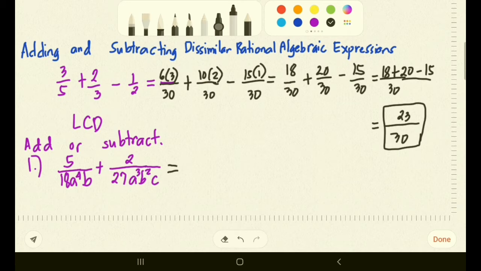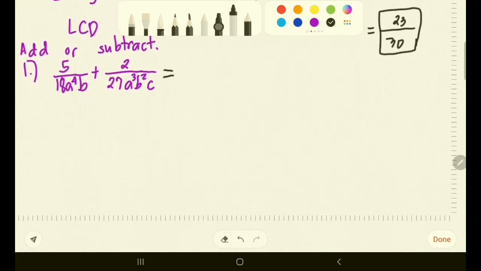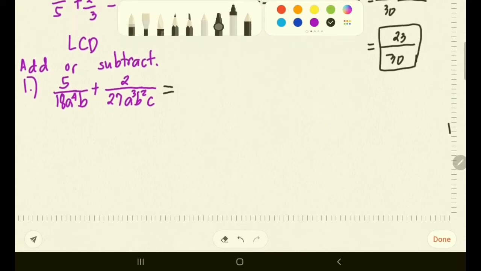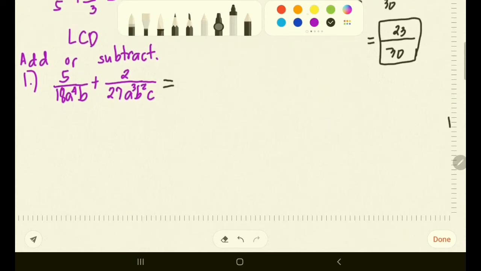Of course, you get their LCD. So first, get the LCD of 18 and 27. It's easy to use prime factorization. 18 is 3 times 3 times 2, because 9 times 2. 27 is 3 times 3 times 3.